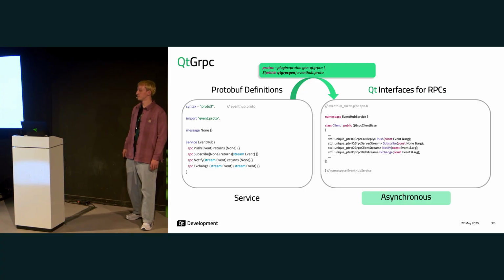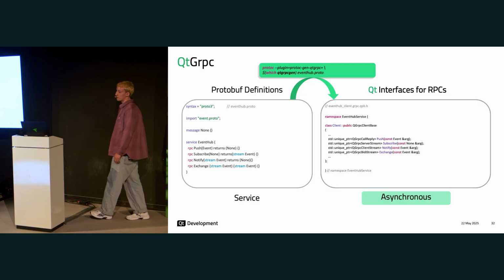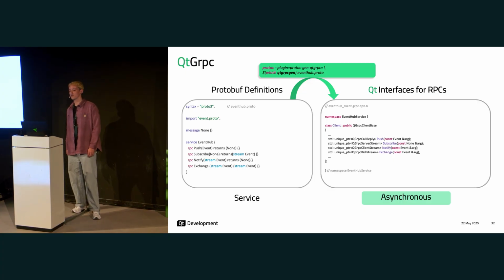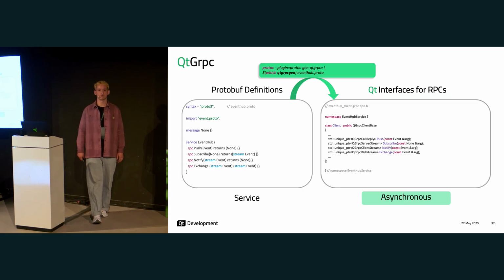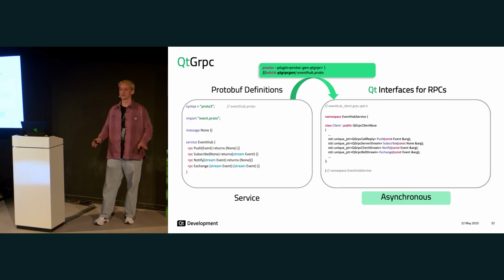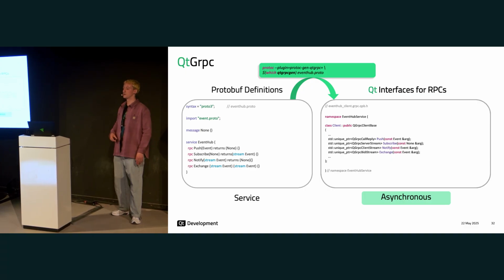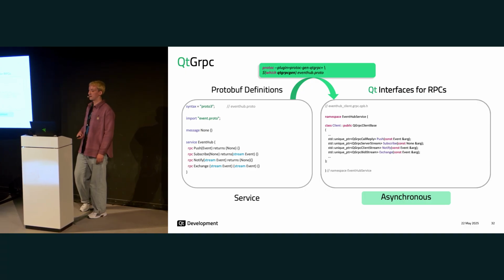So here we would also invoke protoc with our Qt gRPC gen plugin, which would output the interface that you would use. And currently we only provide client interfaces, so there is no server support yet, but it will come eventually.